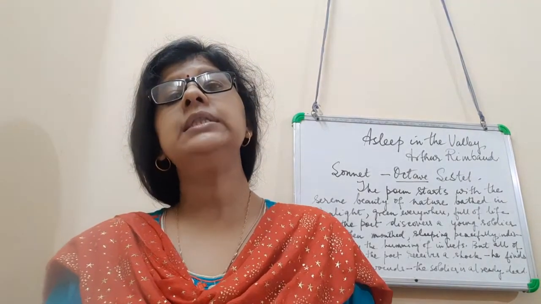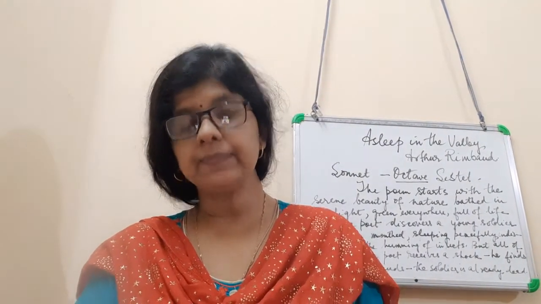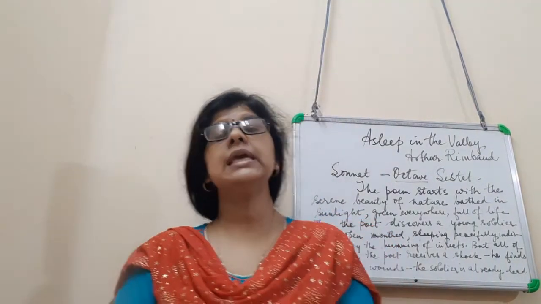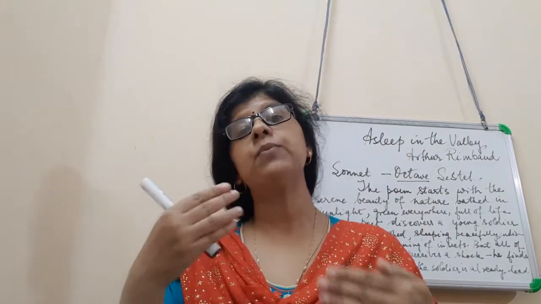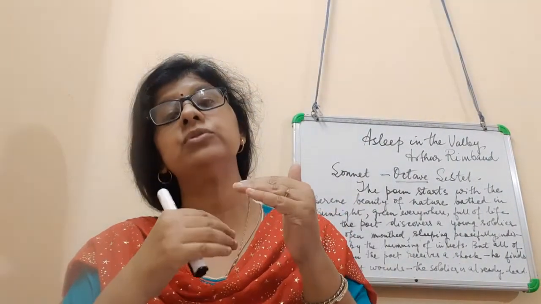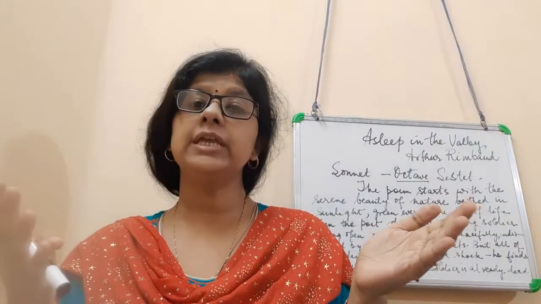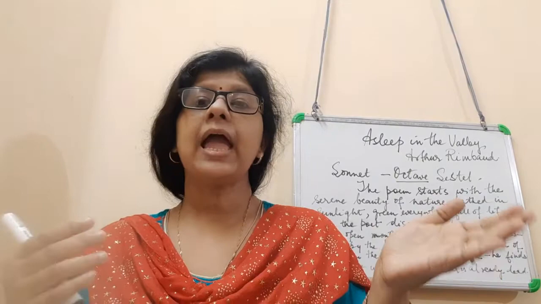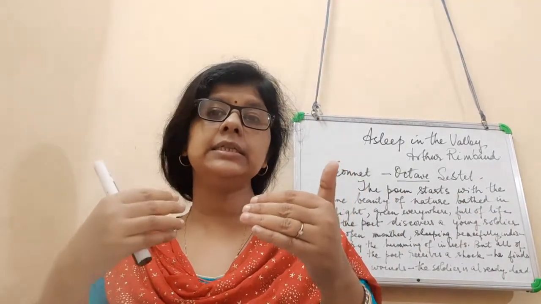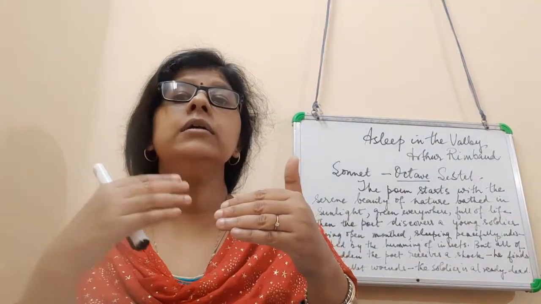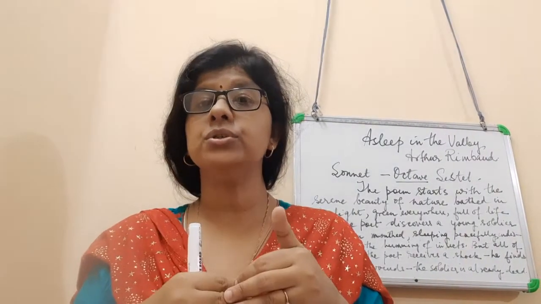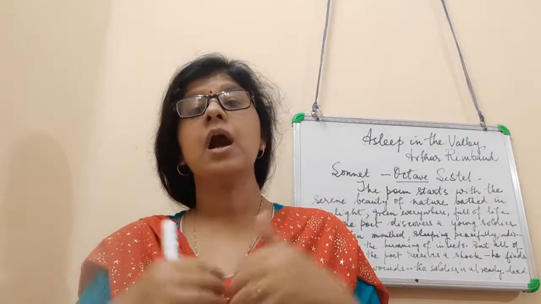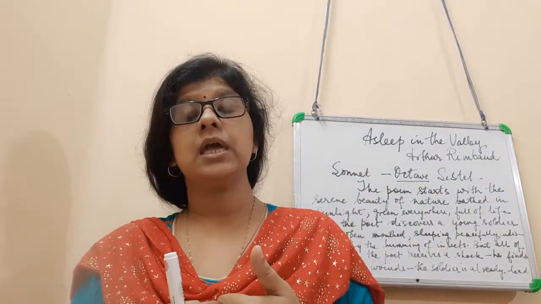So these are the first 8 lines of the poem. What we see in the first 8 lines is that first the poet introduces us to the beautiful nature, full of life, vibrant nature, and then in the next 4 lines he introduces us to the soldier who is asleep, unaware of the surroundings.